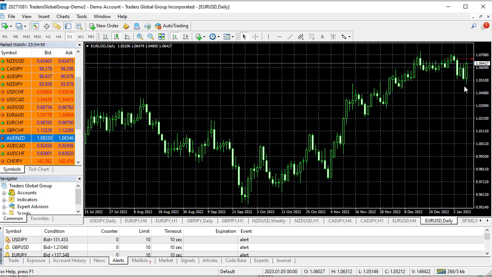So for Euro USD, one may still be expecting it to go up to this high. However, the distance between the real stop loss, which is supposed to be here, 443, is quite a distance, because right now it's on 642.